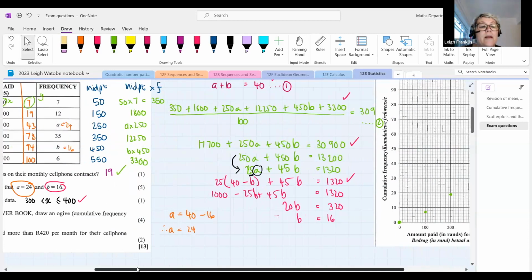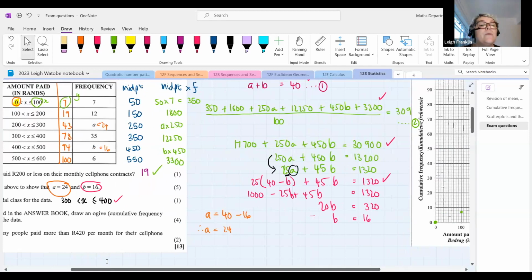Does everybody know where I'm getting these values from? And 300 against 43. Does everybody see where I'm getting this?